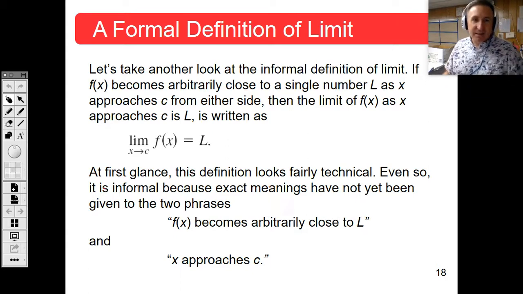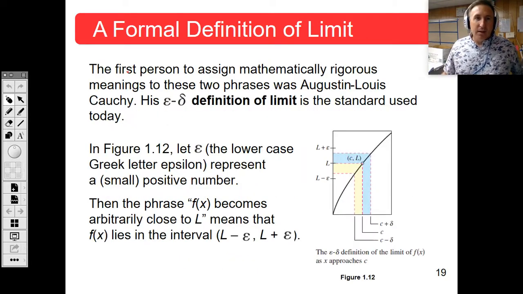Even so, it is informal because exact meanings have not been given to the phrase f of x becomes arbitrarily close to L and x approaches C. Okay. The first person to assign mathematically rigorous meanings to these two phrases was Augustin Louis Cauchy. His epsilon-delta definition of the limit is the standard used today.